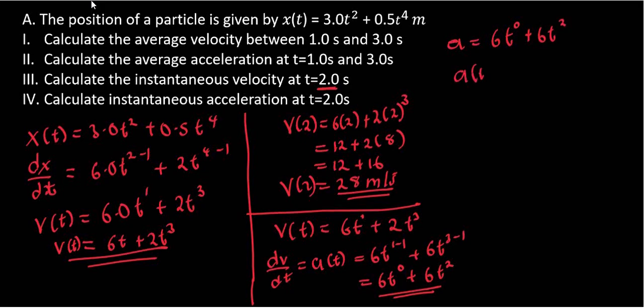So our acceleration is 6t to the power 0 plus 6t to the power 2. t to the power 0, what's the answer? It's 1, times 6 is 6. Okay, now at what time exactly? At 2, so you put 2 there.